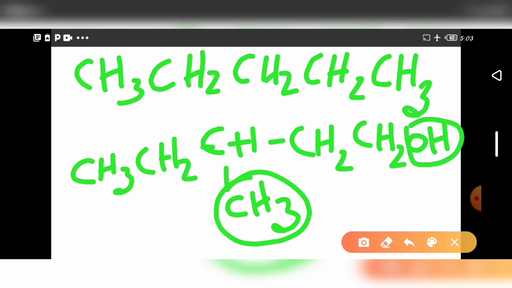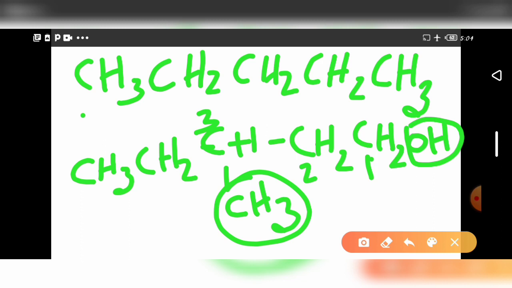First you have to identify the functional group closest to the end. The closest end is the first carbon, so the OH is presented at the end of the carbon, the first carbon. Next, this is the second carbon and this one is the third carbon. The third carbon contains CH3. So the first carbon is alcohol and the third carbon contains a methyl group.